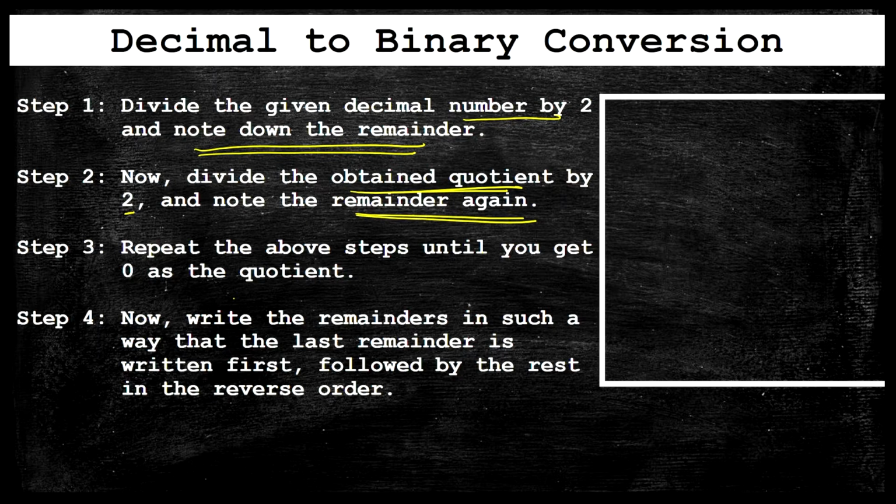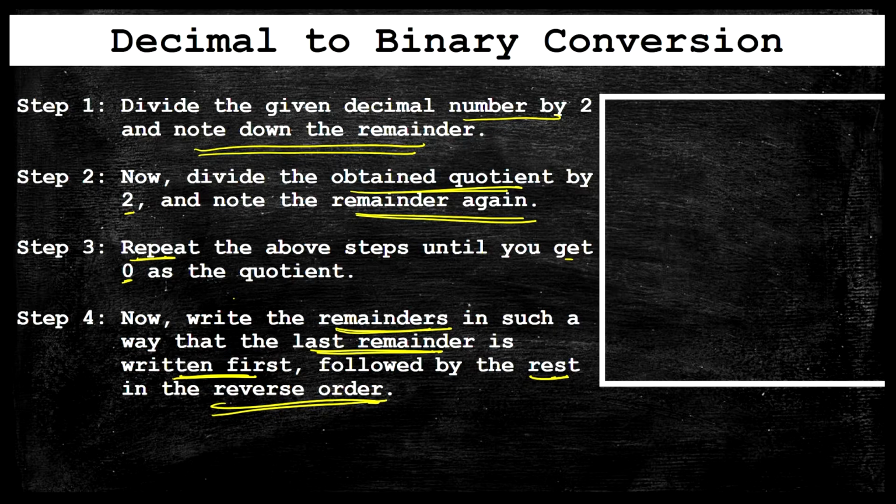How long will we do this? We will repeat the steps until we get 0 as a quotient. Now we have to arrange the remainders in such an order that the last remainder which comes is the first one, followed by the rest in reverse order.